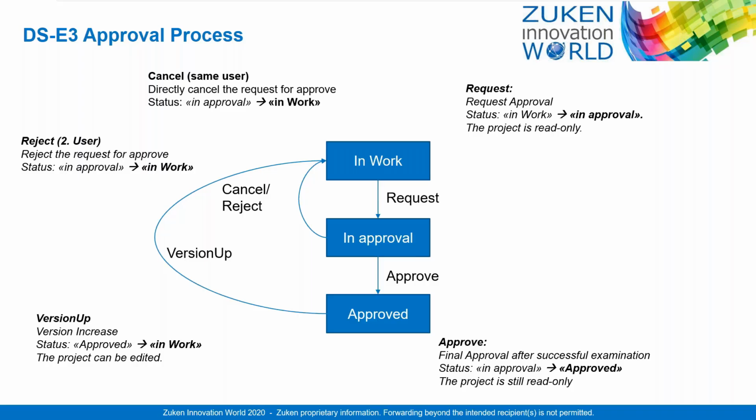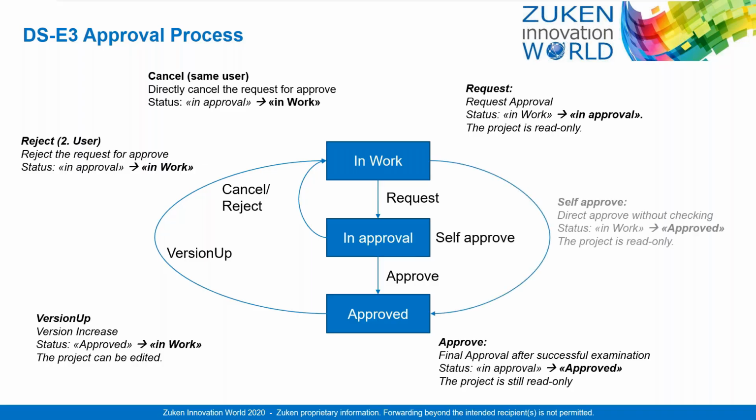The second interaction is the reject operation, and this is typically used where it's moved through to the approval stage, and the person doing that checking and approving is not happy with the design as it is, and wants to send it back to in work to allow for any remedial action to be done. And at that point, they can reject the approval. There is also an option for a self-approve, which basically moves the document straight from in work to approved, and again, the project is read-only.